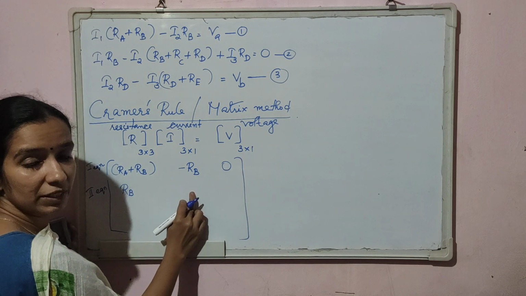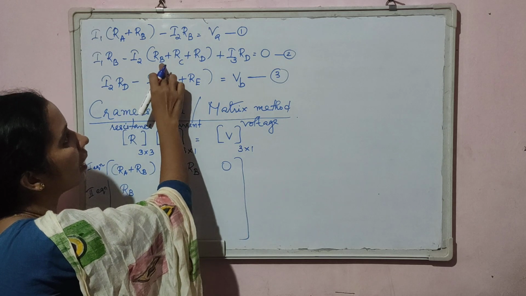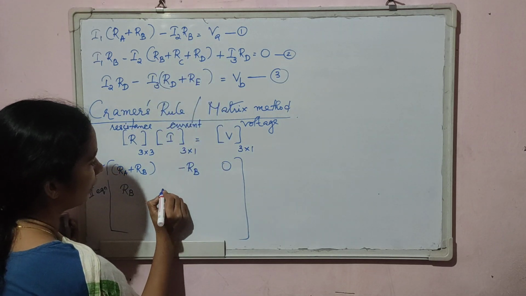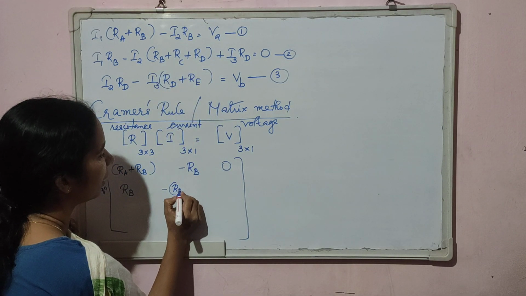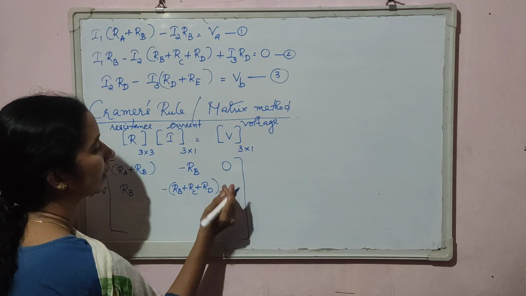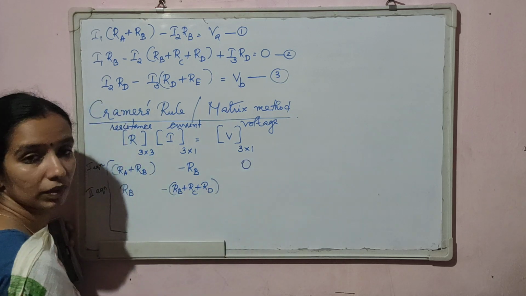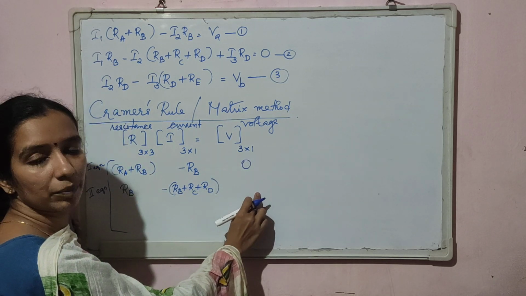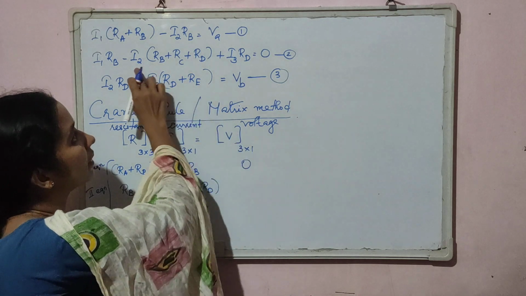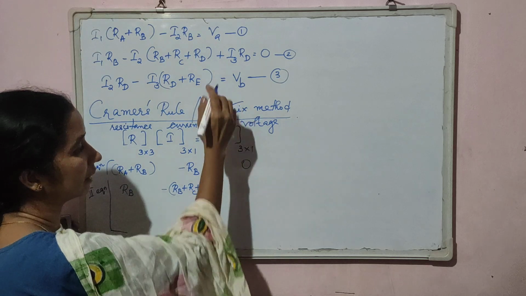The second row, second element, the coefficient of I2, is minus Rb plus Rc plus Rd. Now the second row, third element, the coefficient of I3 in the second equation, is Rd.